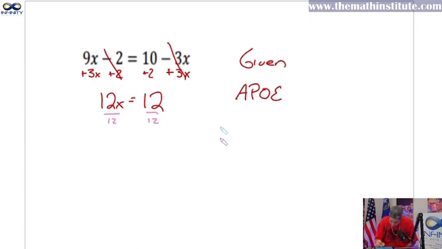Therefore, we call it MPO, the multiplicative property of equations. It's the same thing as multiplying both sides by 1/12. 12 divided by 12 is 1. 1 times x is x. And 12 divided by 12 is 1. Very simple, guys. Two more quick problems just to make sure you're feeling good.